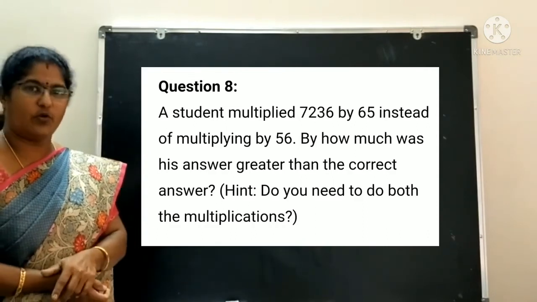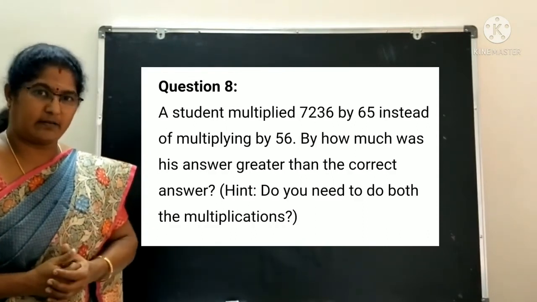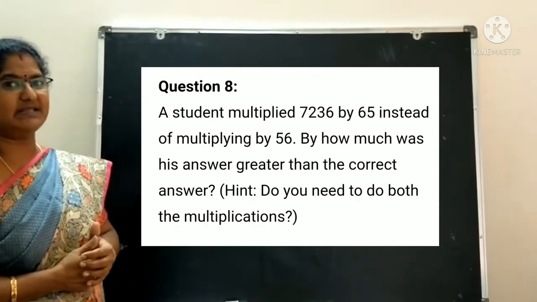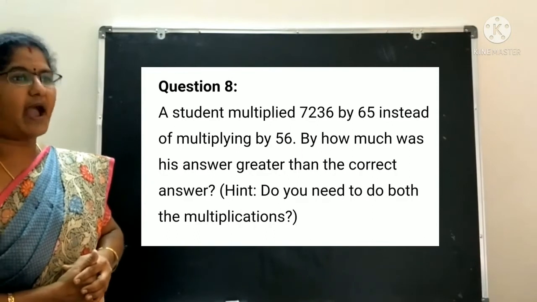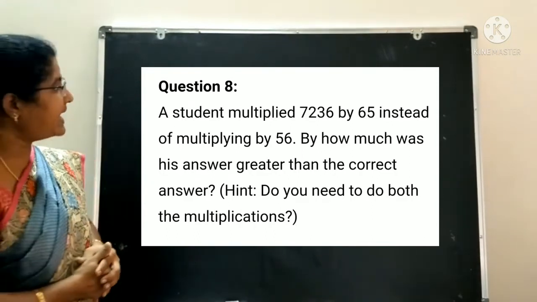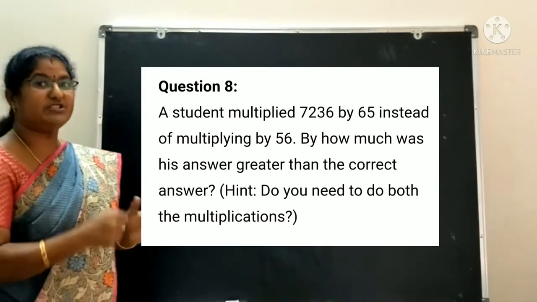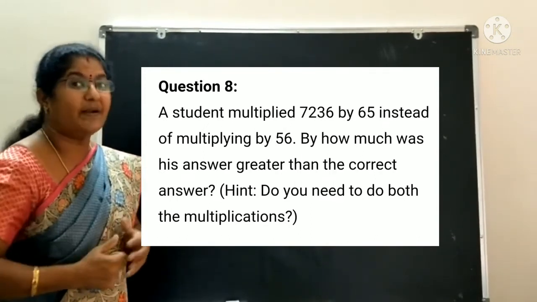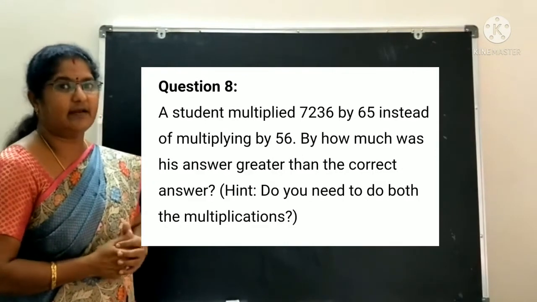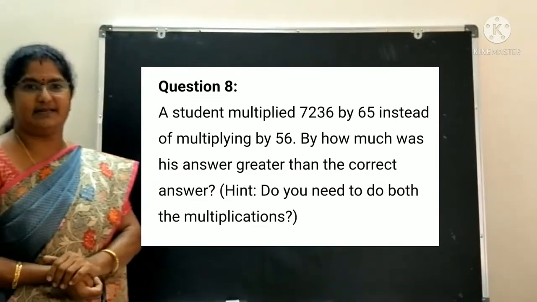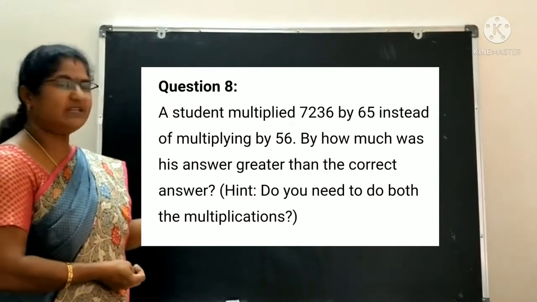So how much more did she multiply? First we subtract the two numbers, 65 and 56. You can find how much more she multiplied. After that you multiply with the multiplicand, 7,236. So it is an easier way.